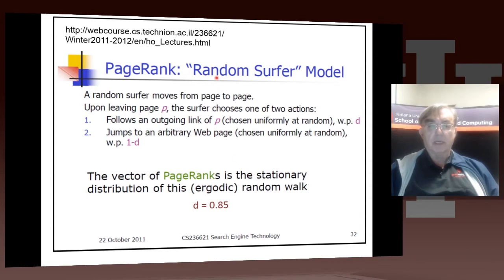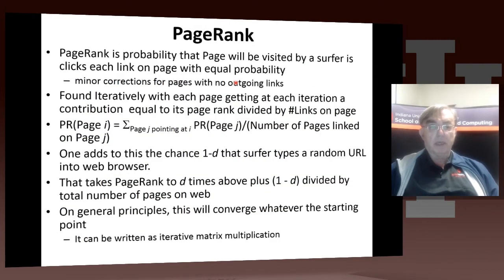This is from the Israeli lectures. This is their definition of PageRank, with D equal to 0.85 and 1 minus D equal to 0.15. WP is with probability. This is again a statement of what PageRank is. Here we write it out a bit mathematically: the PageRank of page i, if D is 1, only considers links, the case where we can link to a page.